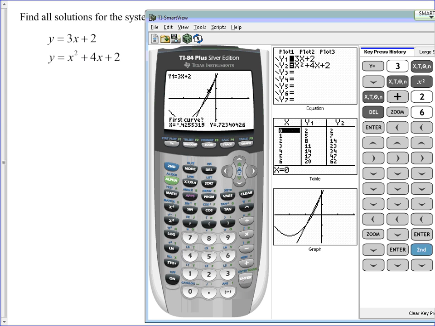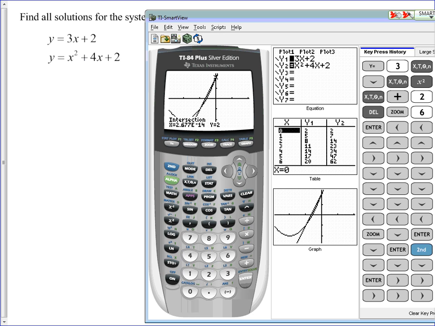And ask for the first curve, and that's our first part of the system. And as for our second part, there's the second part of the system written up here. And so we then just click guess, and we're just going to go as close as we can to the point of intersection and hit enter.